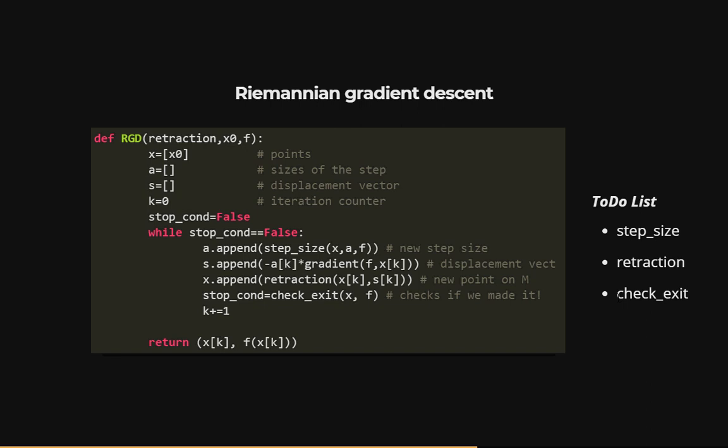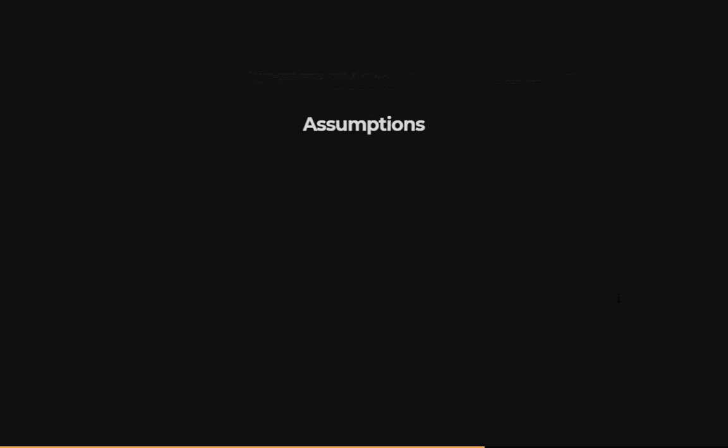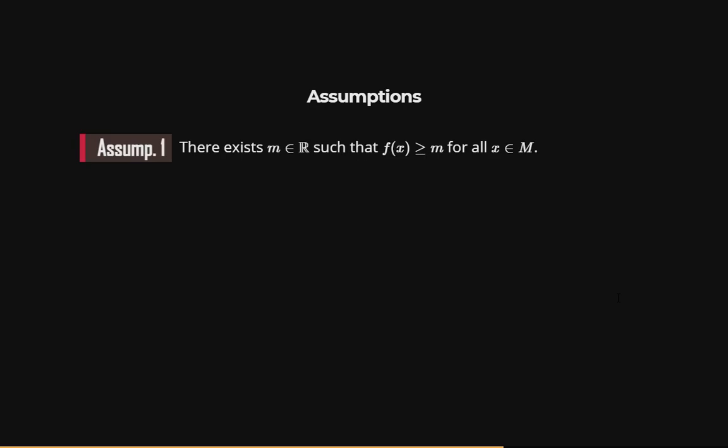Now, this algorithm needs some favorable conditions to work. So we have some assumptions to make. Okay, first of all, our function is bounded from below. This is just reasonable, common sense to ask for a minimum.